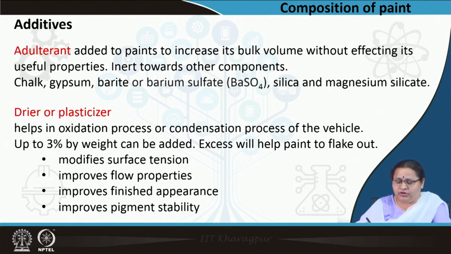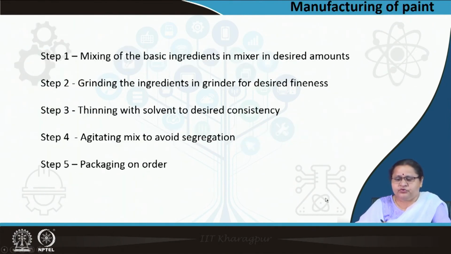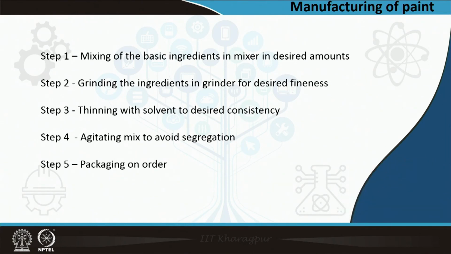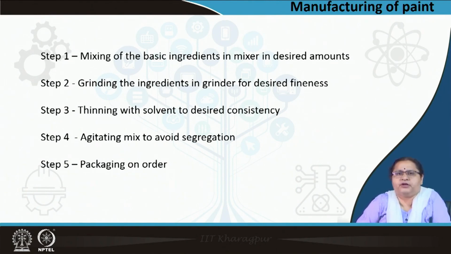Once we have gone through these basic ingredients, we come to the steps of manufacturing of paint. So, when we are talking of manufacturing of paint, we have to mix all these ingredients in known proportion, and that becomes the first step, that is batching.